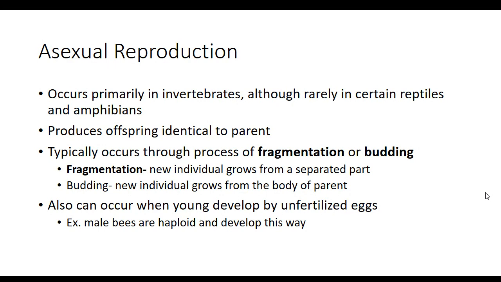In some species of animals, a female can produce offspring without males. They don't need to be fertilized by a male. There's a word for that, parthenogenesis.